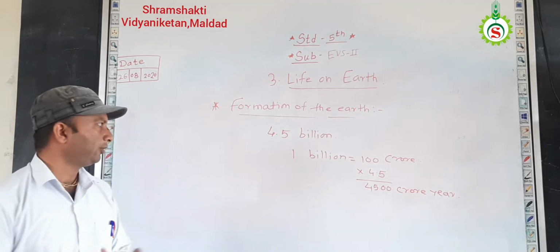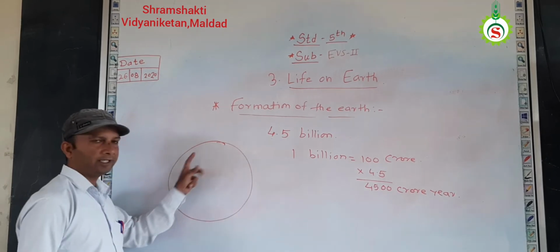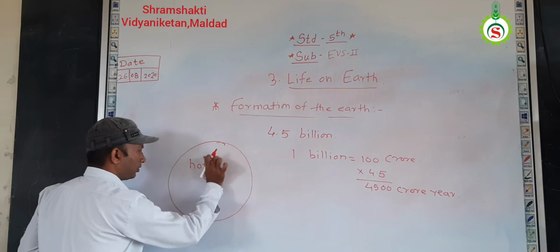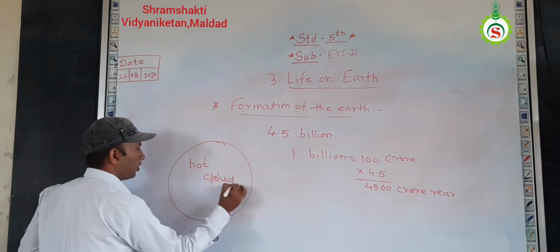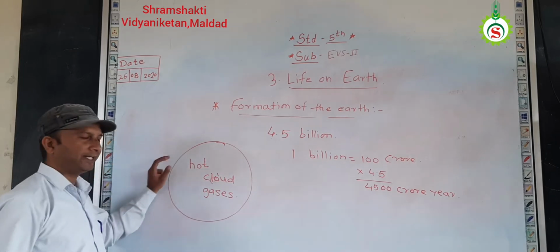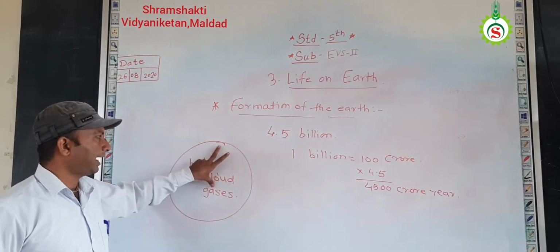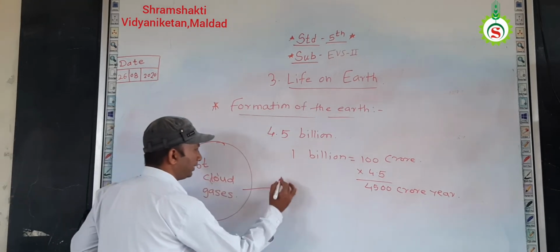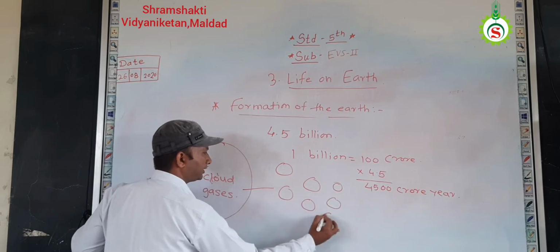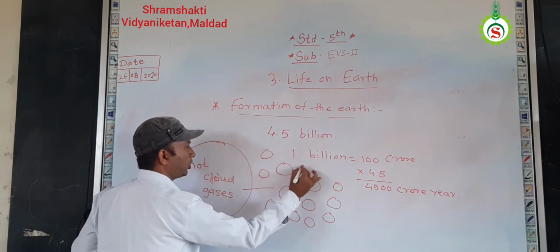So 4.5 billion years ago a hot cloud of gases is formed in the space. It is very hot, means the temperature of this object is very high. And it is divided into small objects. How is it divided into smaller objects?